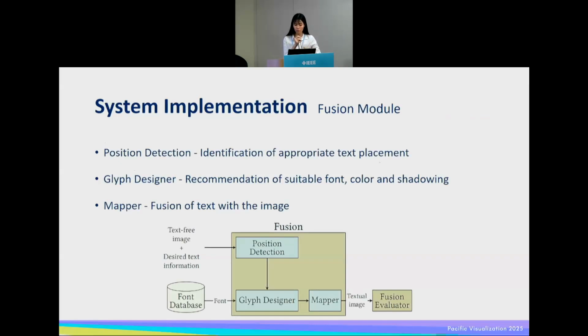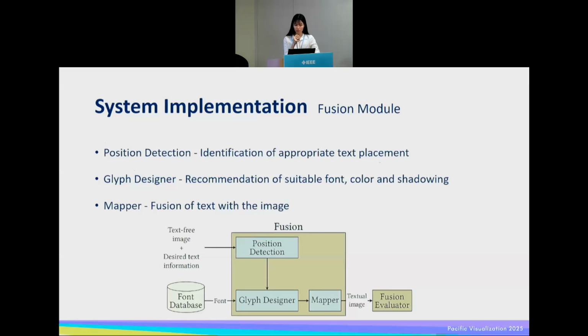At first, we will detect the position for the text, which part is the best. It will be based on the language, because most languages are left to right, but Arabic is right to left. So here we will also consider the language. And also the image itself, where we will do edge detection to see where the edges are fewer, so maybe we can put the text here.